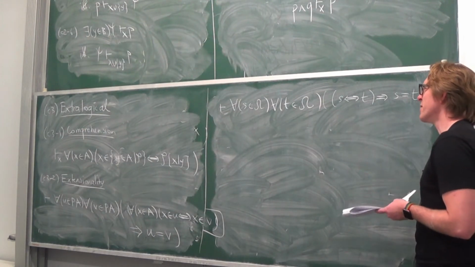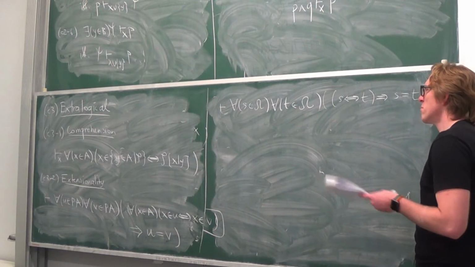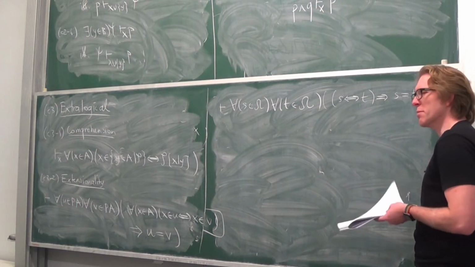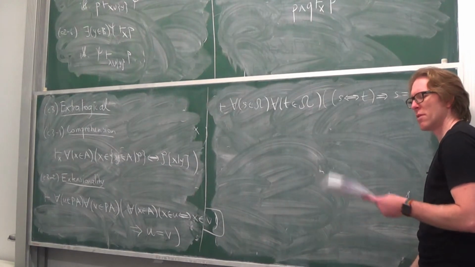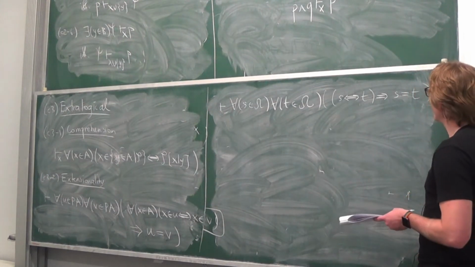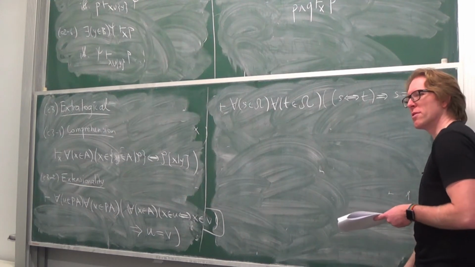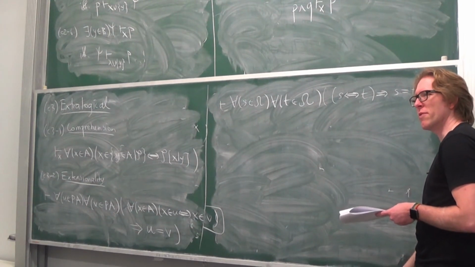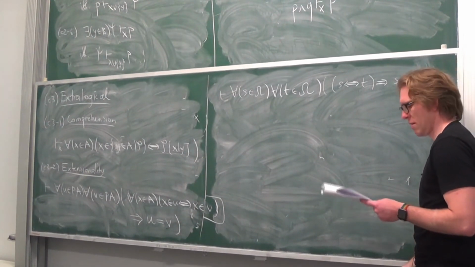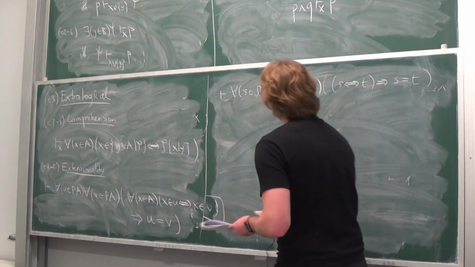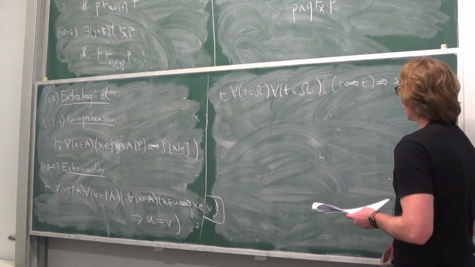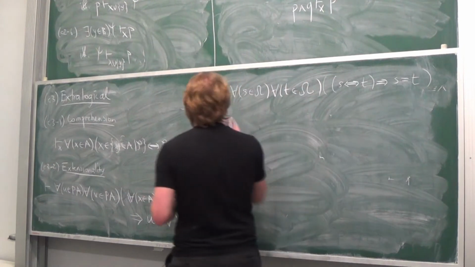So this says that proposition formulas are the same as subsets of omega. But these may have free variables in them, so they're really predicates, functions with values in omega. That's kind of interesting.